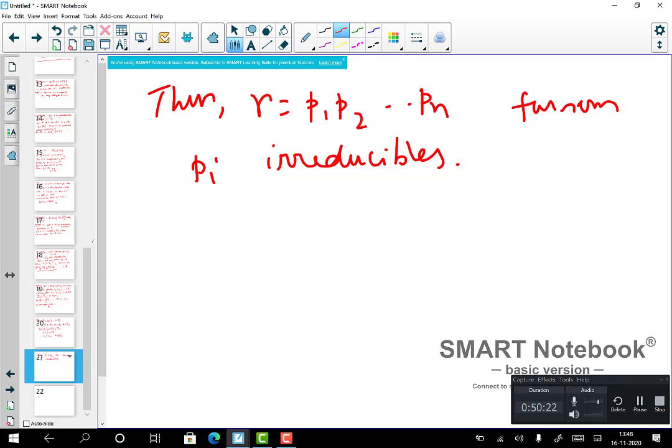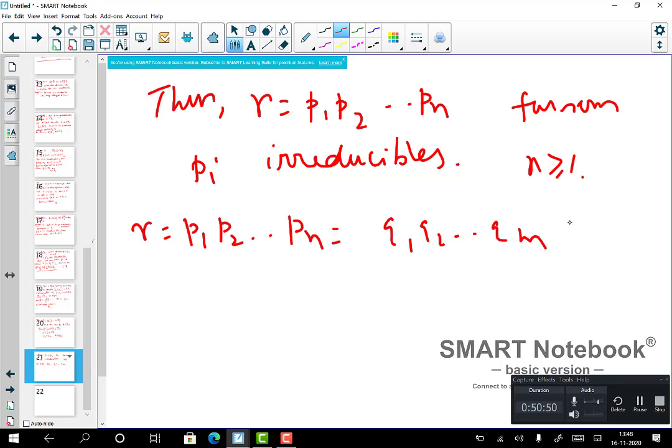Now to prove the uniqueness property, see, initially I assumed it is non-zero non-unit, so n has to be at least 1, so this is given n greater than or equal to 1, right? Now let there exist another representation, say p1 p2 up to pn, and then q1 q2 up to qm.